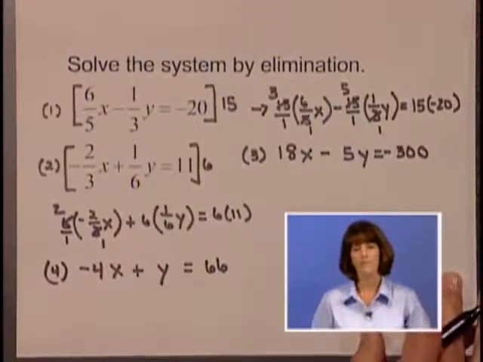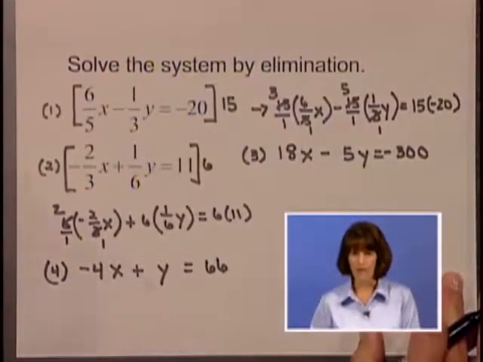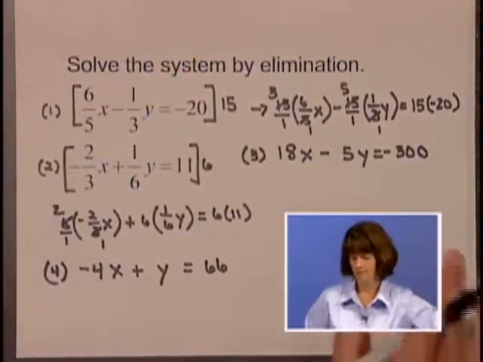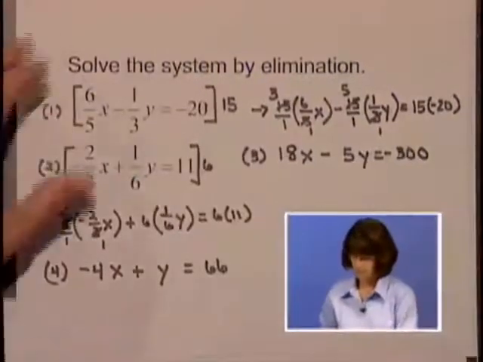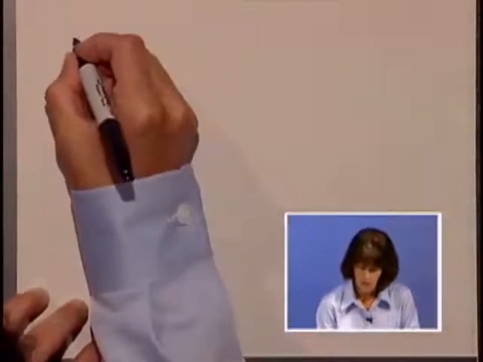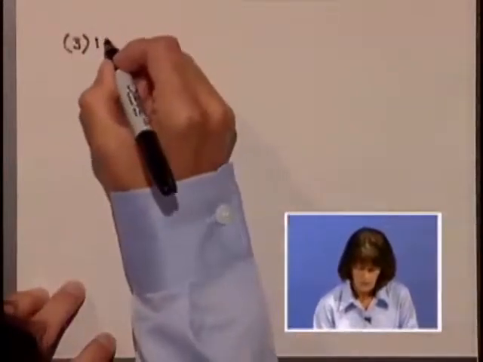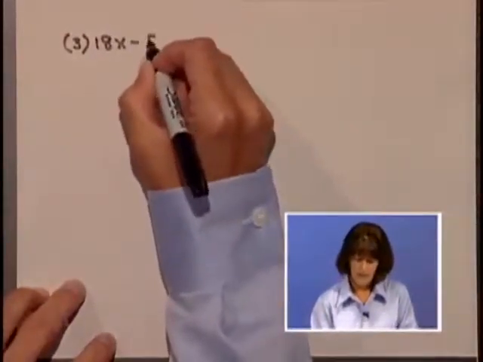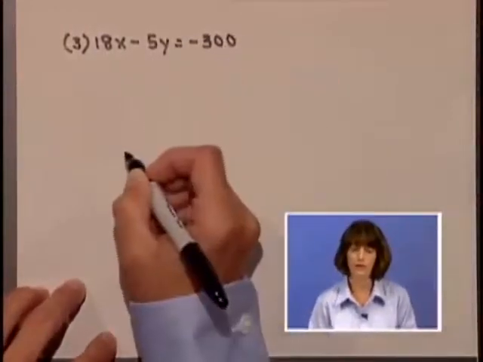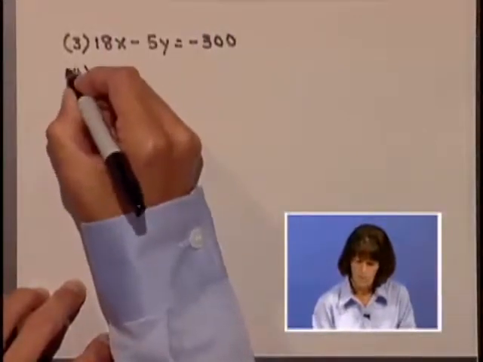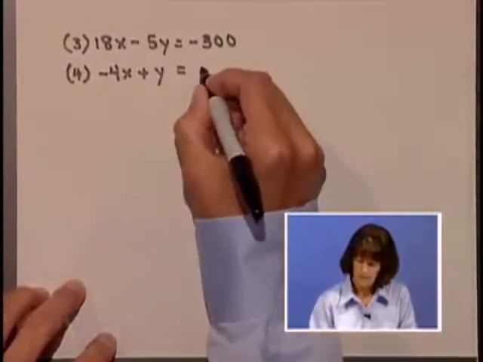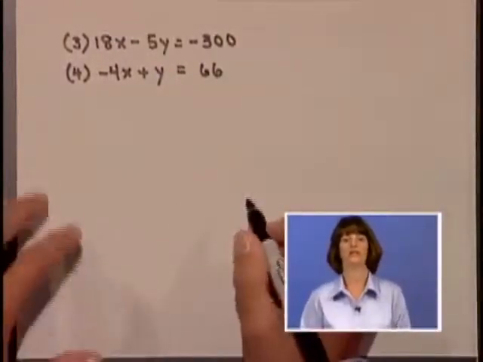So at this point, we've got 2 equations without fractions. Now let's focus on those 2. Equation 3 was 18x minus 5y equal -300, and equation 4 was -4x plus y is equal to 66.